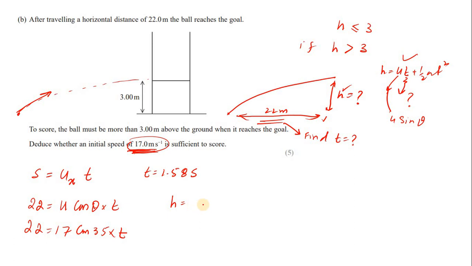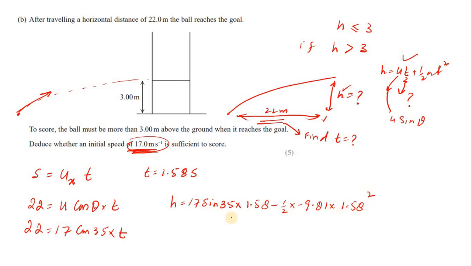So h is equal to 17 sine 35 into t, which is the time, 1.58. Ball is going upward, so minus half, or 0.5, into minus 9.81 into t squared, 1.58 squared.